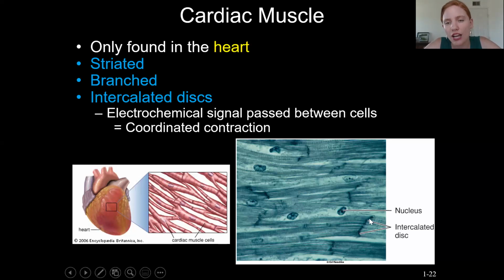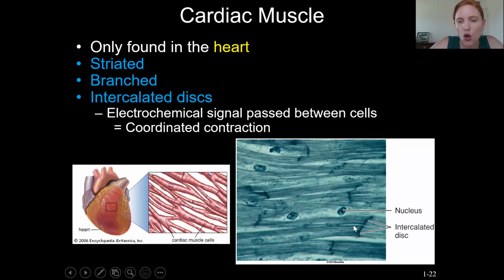Those dark lines are called intercalated discs, and those are a very specialized type of gap junction, which just means a special way that the cells come together, and they are important for allowing one cell to communicate with its neighboring cells to help coordinate a contraction. We'll talk about that again when we get to the cardiovascular system.